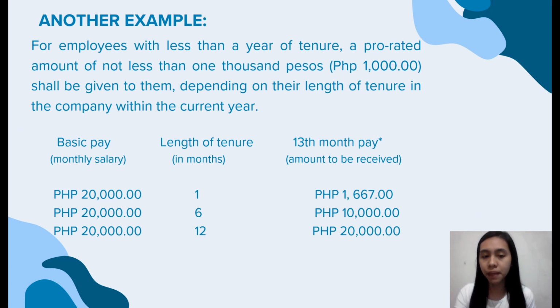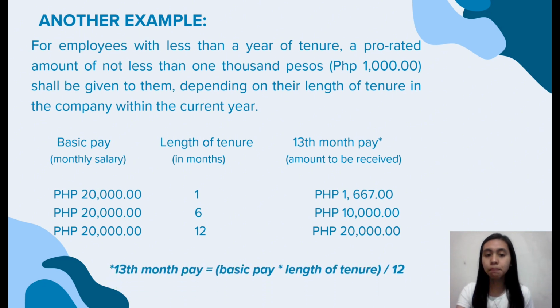So the 13th month pay is 1,667. Another is a monthly salary of 20,000 with a length of tenure of 6 months. So the 13th month pay is equivalent to 10,000, and so on. Meaning 13th month pay equals basic pay times length of tenure divided by 12.